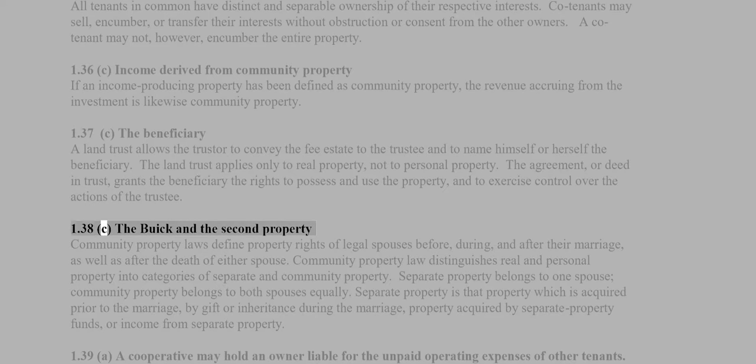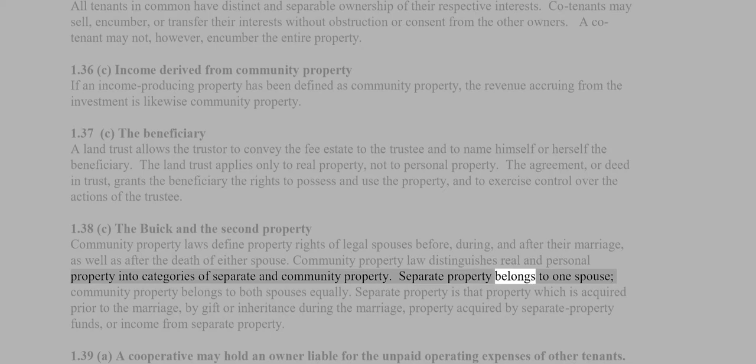1.38 c. The Buick and the second property. Community property laws define property rights of legal spouses before, during, and after their marriage, as well as after the death of either spouse. Community property law distinguishes real and personal property into categories of separate and community property.